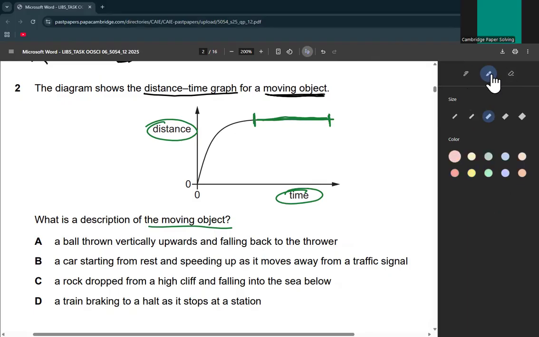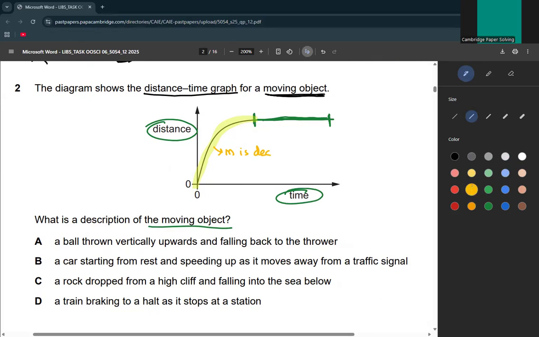And the second part, this part, where the gradient is different. Basically, what does the gradient of a distance time graph tell us?